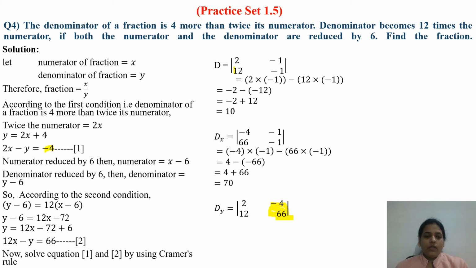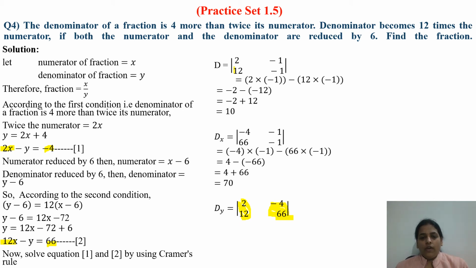And in the second equation, what is your constant part? That is 66. So place here 66. And then in the first column, what do you write here? That is the coefficient of x. So the coefficient of x in equation number 1 is 2, and the coefficient of x in equation number 2 is 12. So this is the dy determinant.